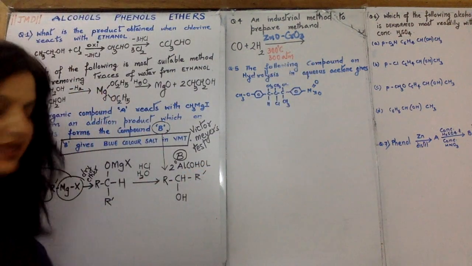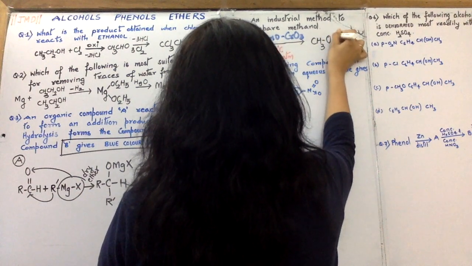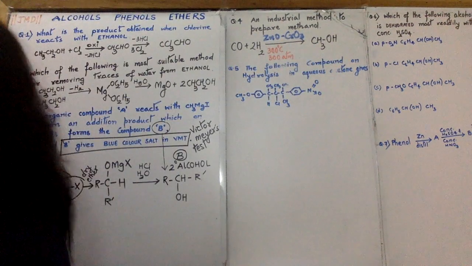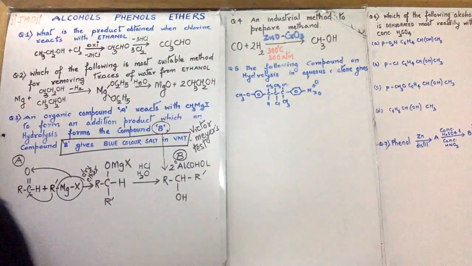Here what we get is methanol, and this is the industrial method to prepare methanol. APE page 127, our notes.